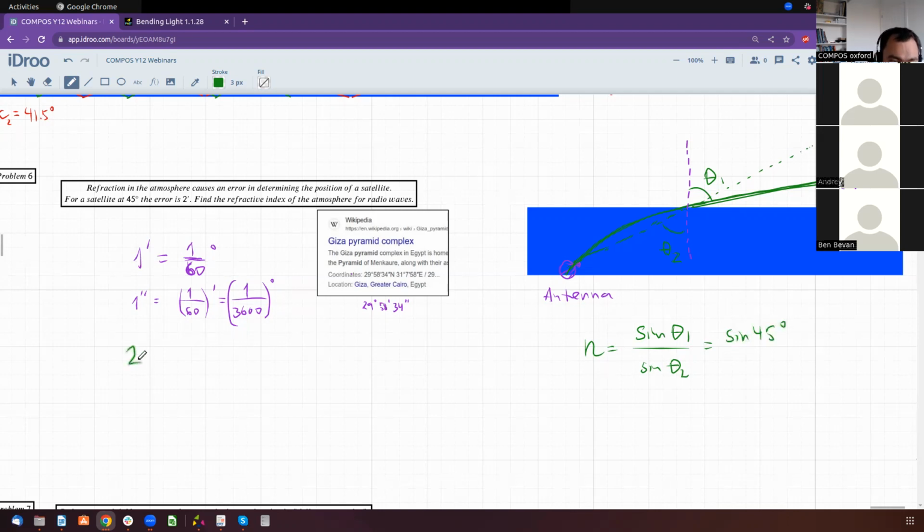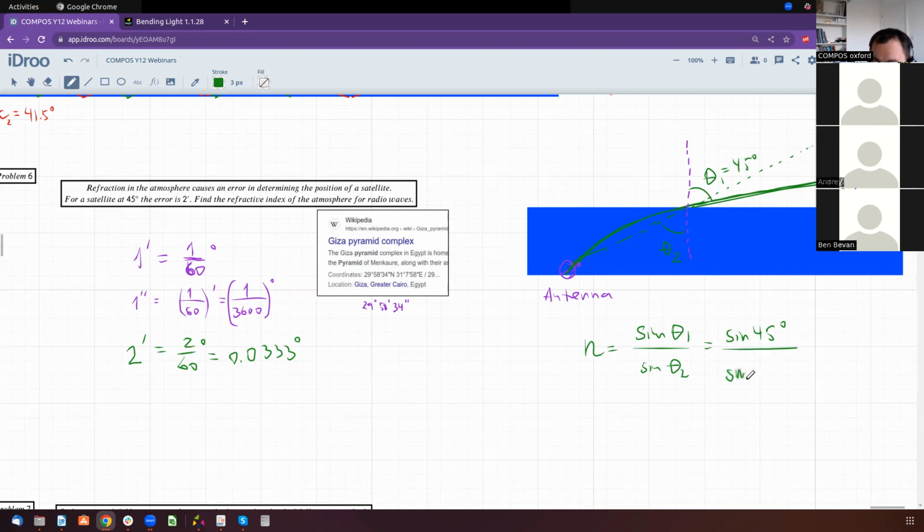So 2 minutes is 2/60th of a degree, which is 0.0333 degrees. And so θ1 is 45 degrees, and θ2 must be slightly smaller.